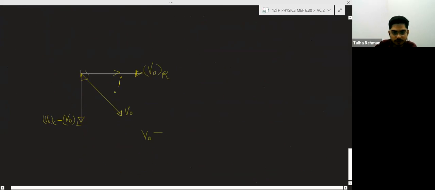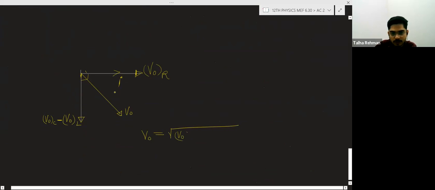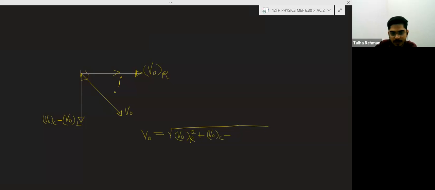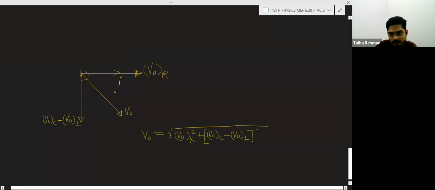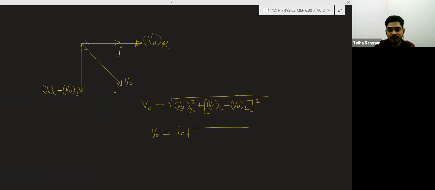V naught is equal to under root of V naught R square plus V naught C minus V naught L square. Okay. And from here also you will get V naught is equal to I naught into under root of, when you solve it, R square plus XC minus XL square.